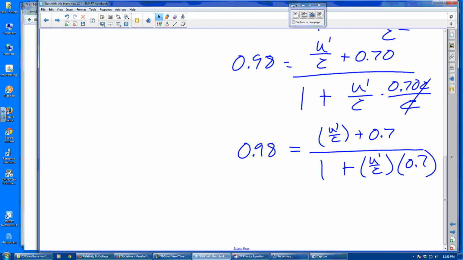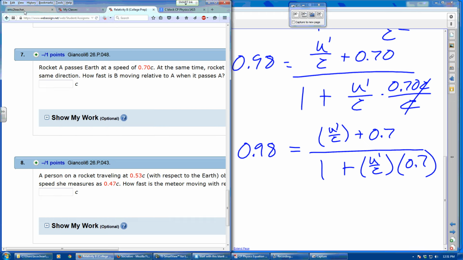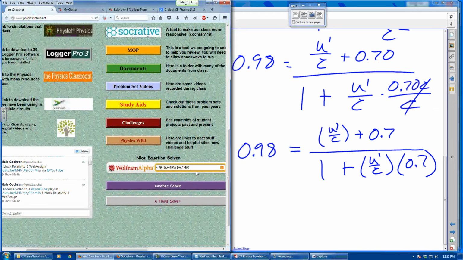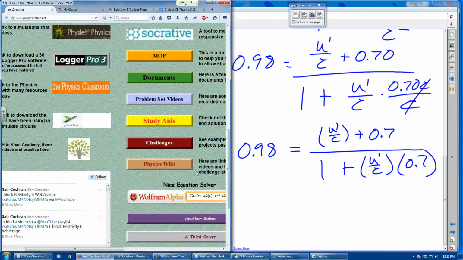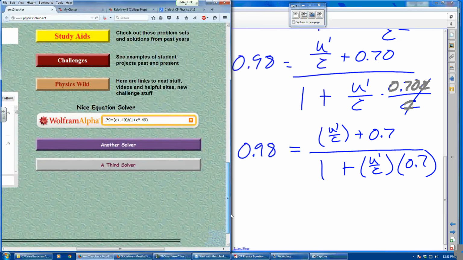And I'm going to plug that into Wolfram, but I'm going to use x rather than u prime over c when I put it in Wolfram. I'm going to treat u prime over c as one variable.